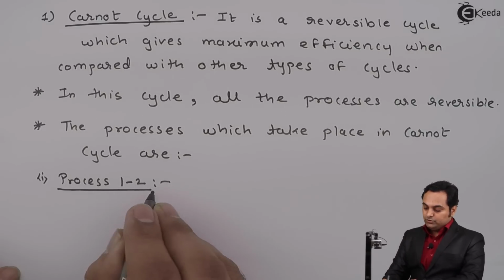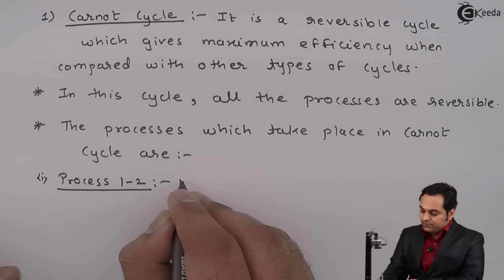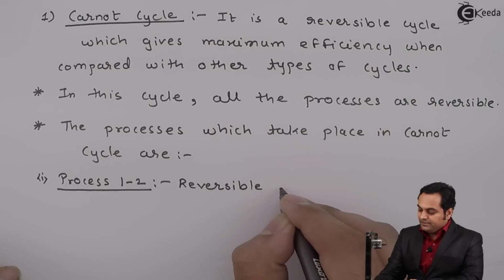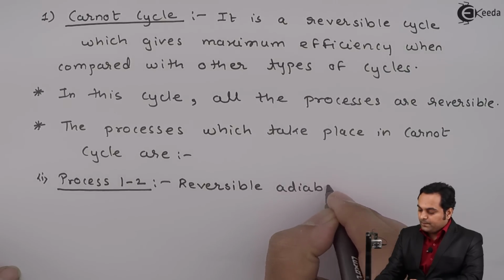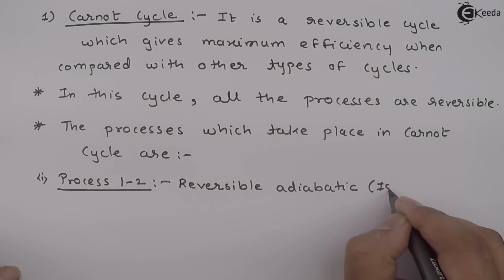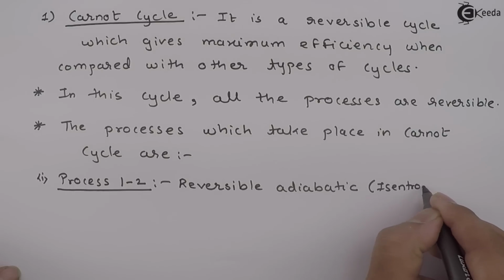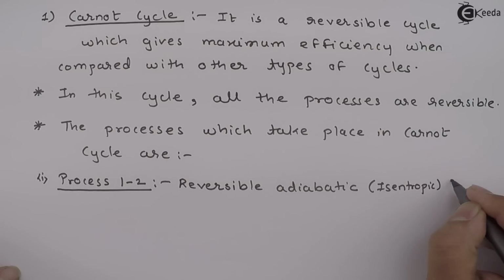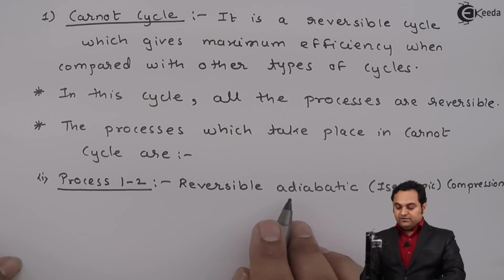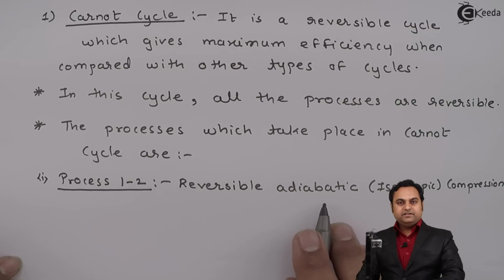So process 1 to 2 is reversible adiabatic. Reversible adiabatic is also called as isentropic compression. That is the process 1 to 2 having reversible adiabatic.